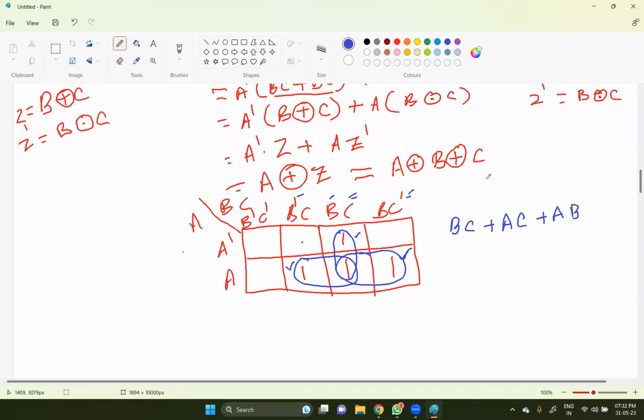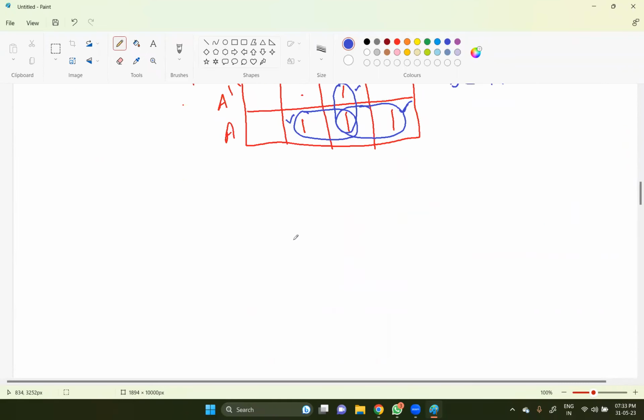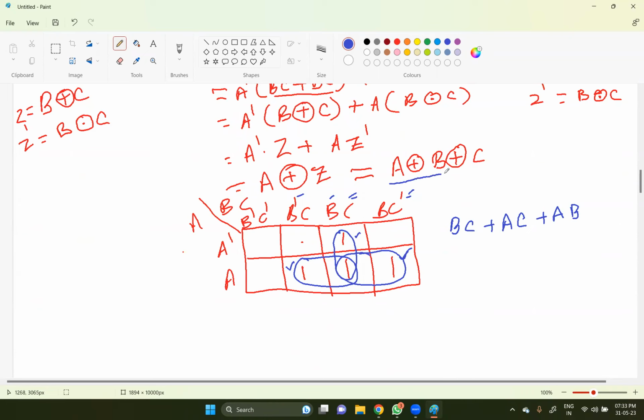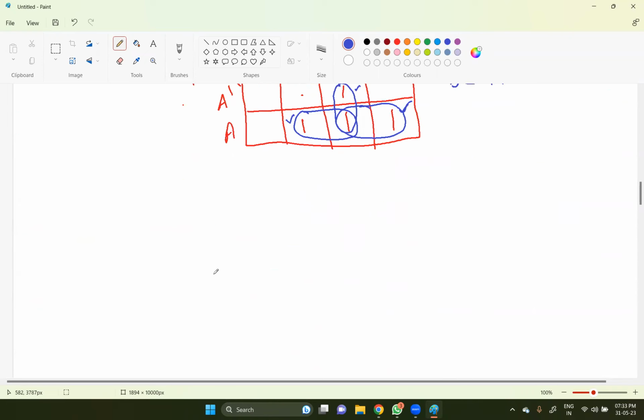So if you are trying to draw the logic diagram for this one, the logic diagram is pretty much simple here. This is the way you can draw. Look at this. So this one is A exclusive OR B exclusive OR C. Let me take first. This is A and this is B here and this is C here.